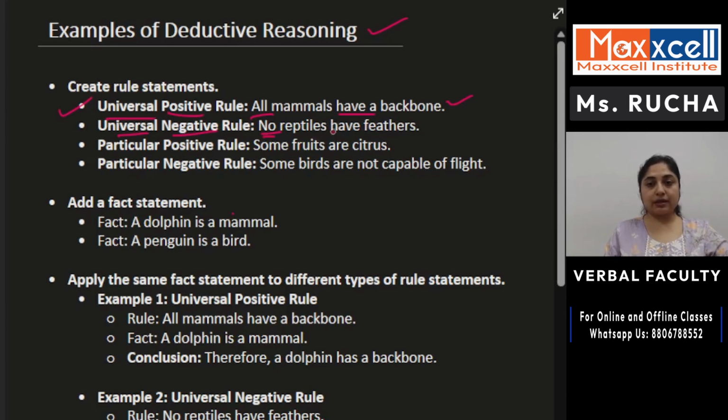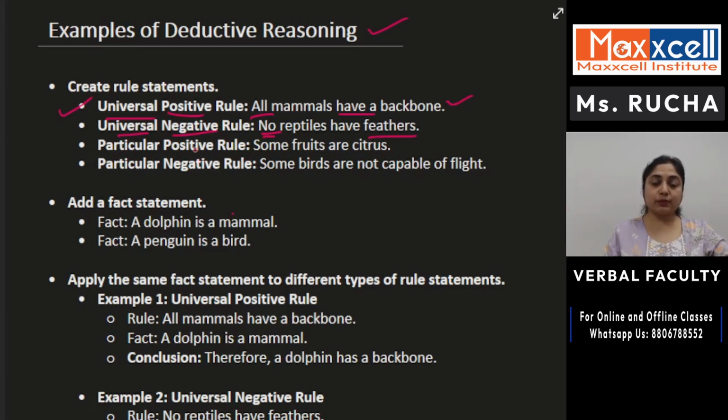No reptiles, none of them have feathers. So this is a negative statement, and here we are involving the entire species of reptiles. We are not leaving anybody, right? We are not leaving any creature that is a reptile. So that is the universal negative rule.